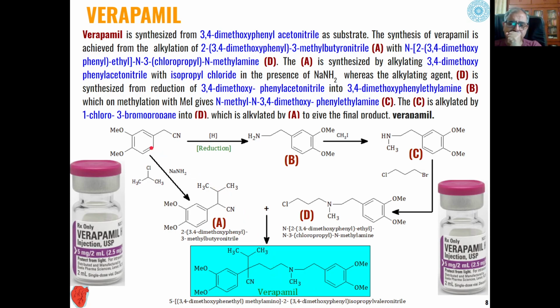Basically, in the first reaction, this 3,4-dimethoxyphenyl acetonitrile undergoes reduction, and the cyano group is reduced to give us the primary amine function. So C triple bond N will be reduced to CH2NH2.